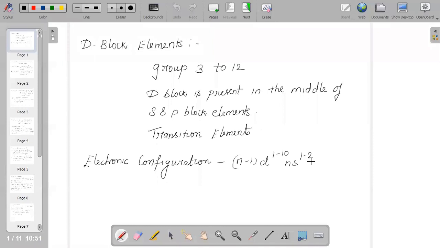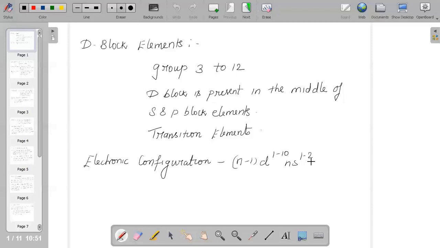There are three series of transition metals, in which the d orbitals are filled across 4 periods. The 3d series runs from Sc to Zn, the 4d series from Y to Cd, and the 5d series from La to Hg.